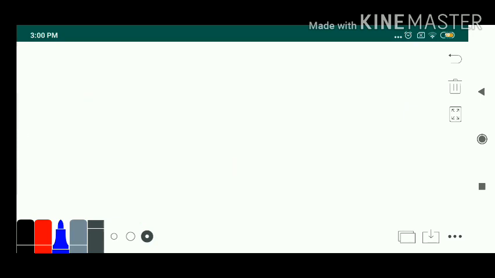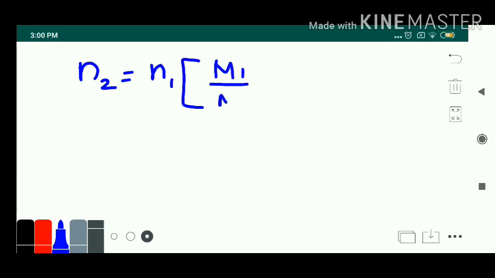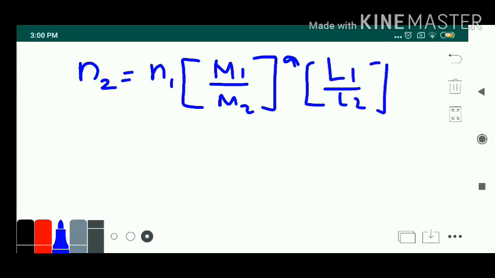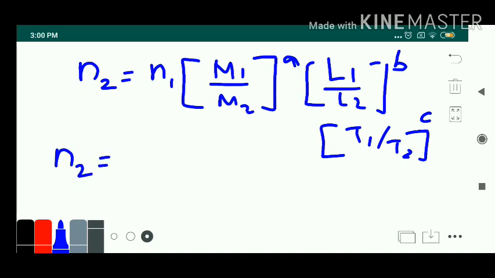So now going on to the main equation, N2 is equal to N1 into M1 by M2 raised to a, then L1 by L2 raised to b, and T1 by T2 raised to c. This is a formula, guys. N2 I don't know. What is N1? 6.67 into 10 to the power minus 8.